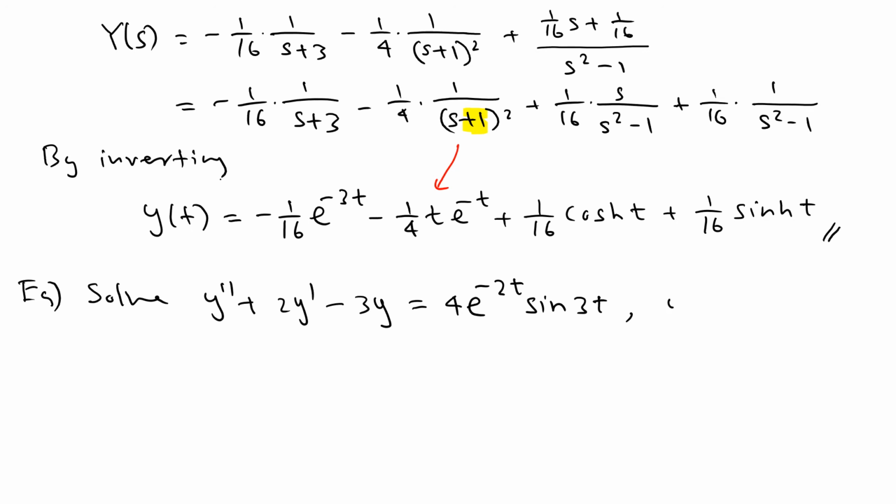So let's say y(0), y prime(0) equals 0. Let's put those to 0 just to make the calculation a little simple. Okay, good. Now again, because of this term, we can use a shifting theorem.